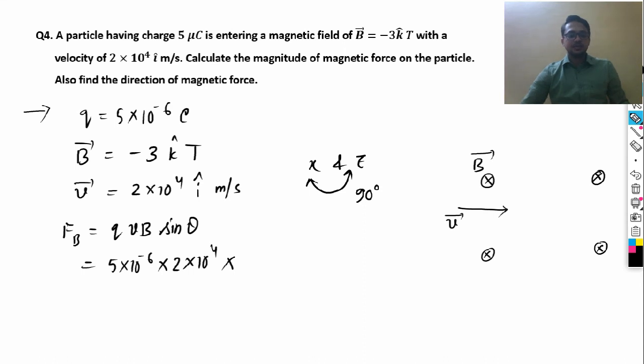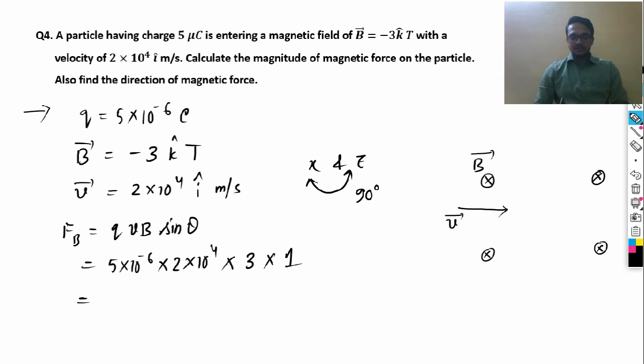Okay. Before putting all the values in the equation, always check whether all the quantities are in SI unit or not. Again look, when I am writing B, I am not putting the minus sign, because the minus sign will come into the direction only. We are finding magnitude first of all, into sin 90. Sin 90 means 1. So calculate, again use calculator.